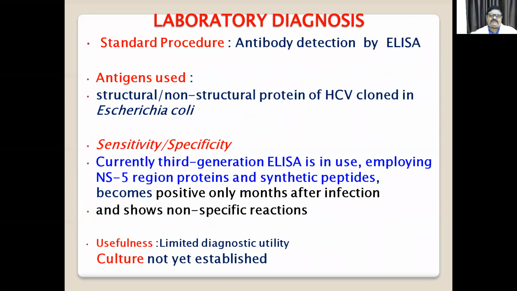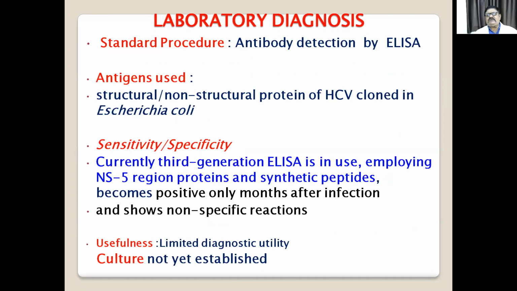Laboratory diagnosis of HCV, ELISA is there. You can detect the antibody because of the HCV cloned recombinant polypeptide. Sensitivity and specificity: it is difficult to have a highly sensitive and highly specific test. But currently, third generation ELISA is in use, employing the NS5 region proteins and synthetic peptides.